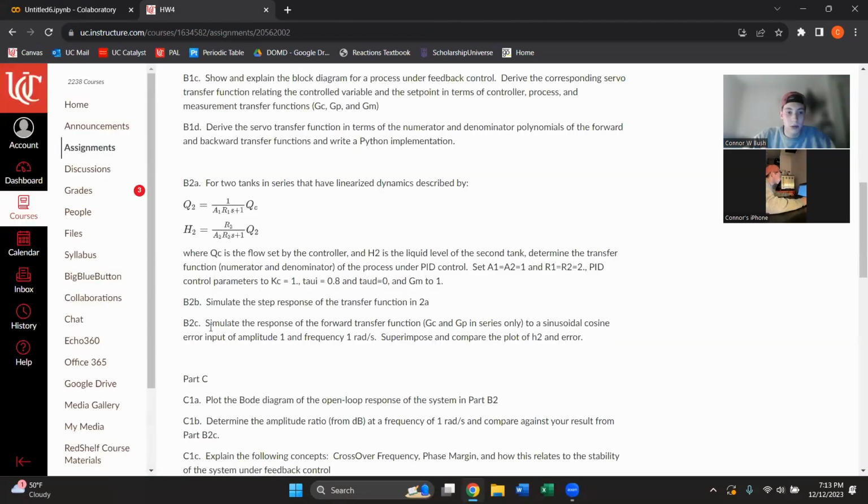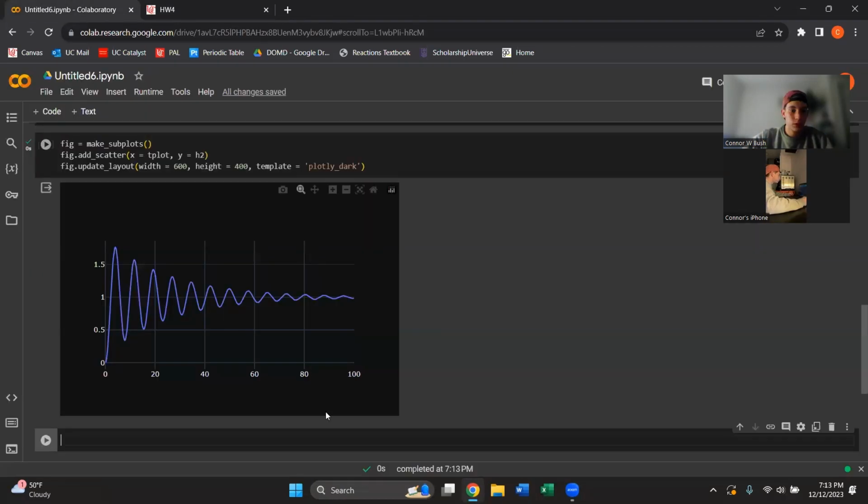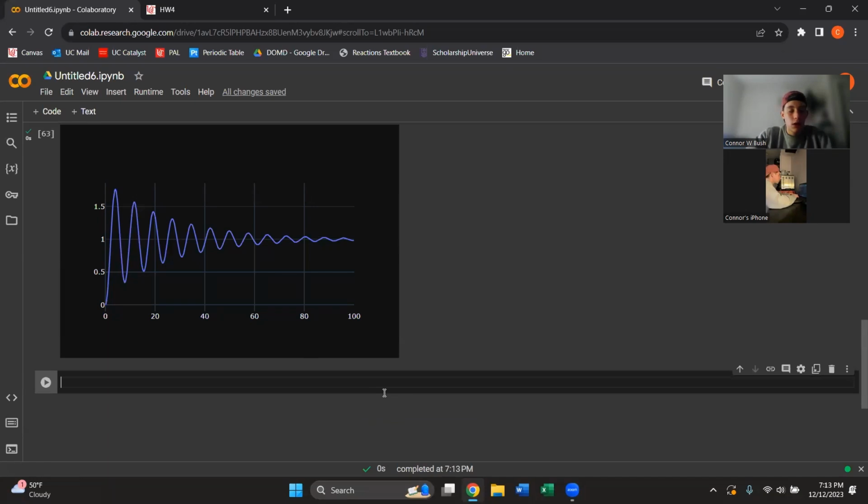So now what we want to do is simulate just the response of the forward transfer function to a cosine error input where the amplitude is 1 and the frequency is 1. And then we're going to superimpose the input and output here. So we want to make a new time plot.